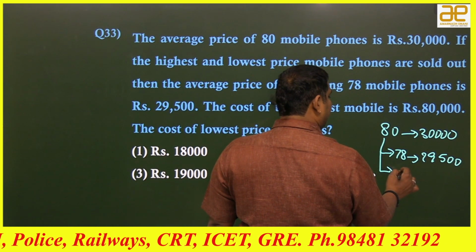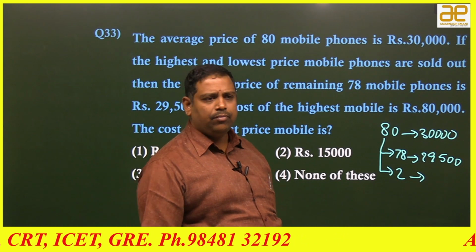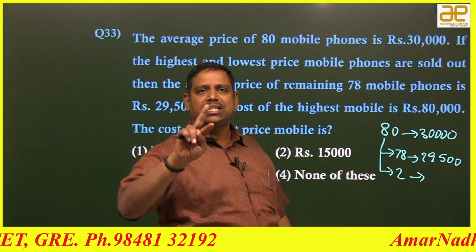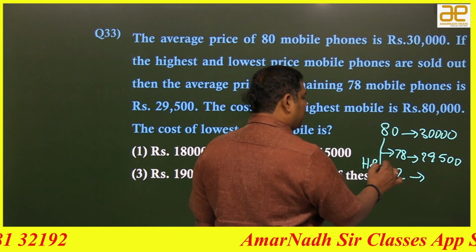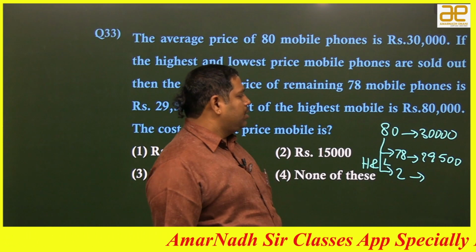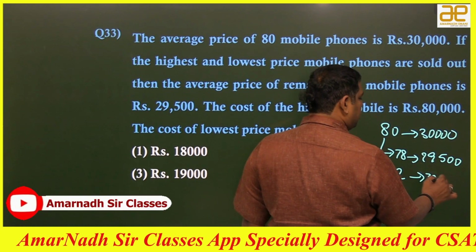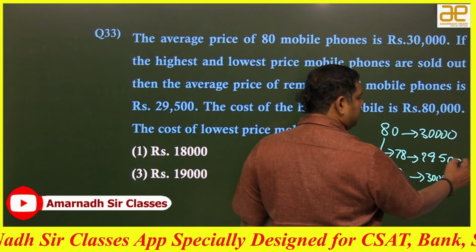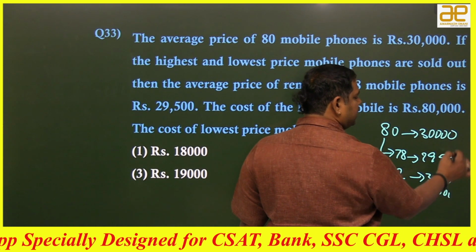By using ungrouping, can I calculate the average of those two? What are those two? Highest and lowest, H and L. Okay. So then what happens? What father has given is 30,000. These spend less, means these can spend more. How much? 500. Difference is 500, right?